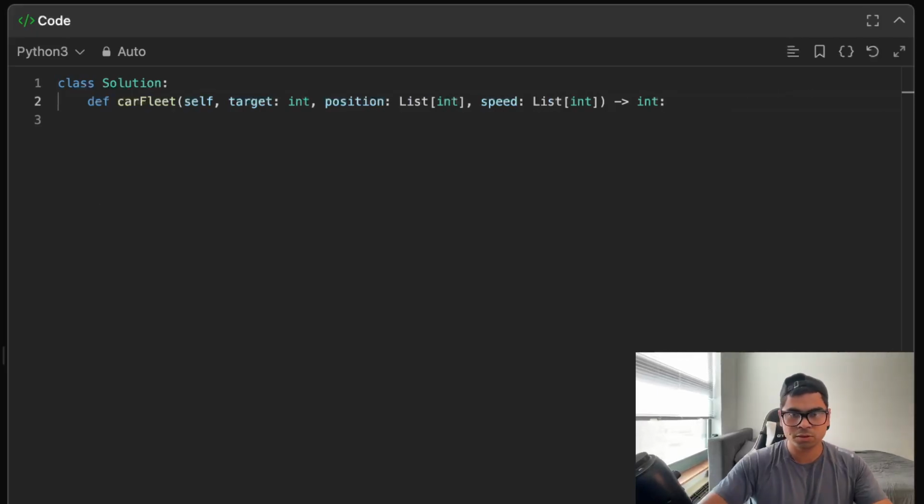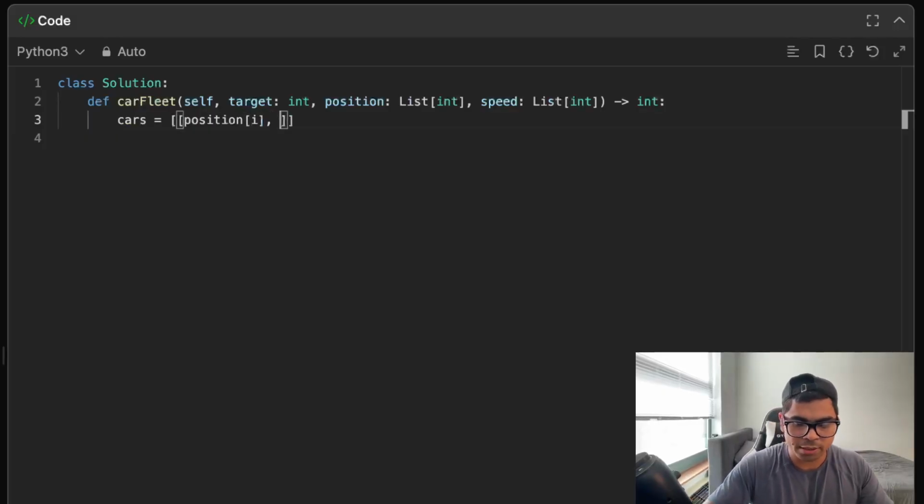Okay, looks good. So let's put all the cars together. Right now we have the position and speed. So let's do some list comprehension. So first thing, let's have position i and speed i.